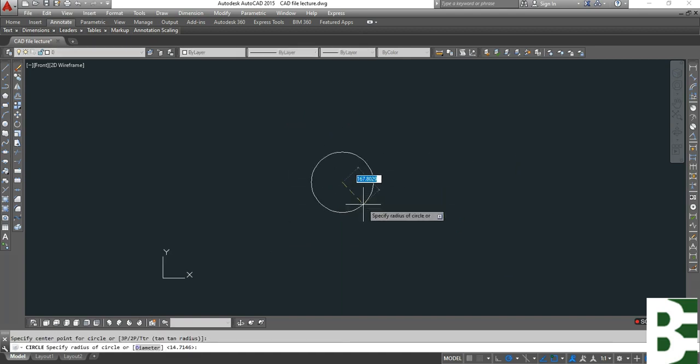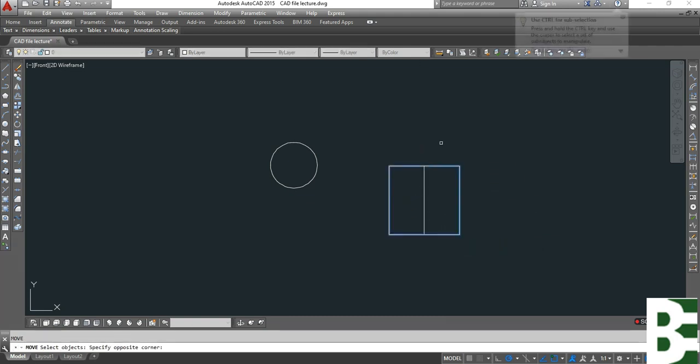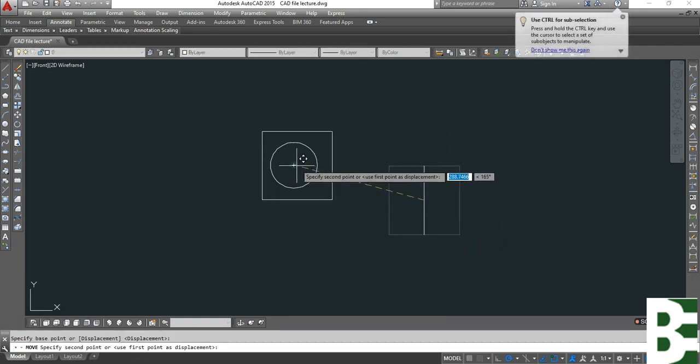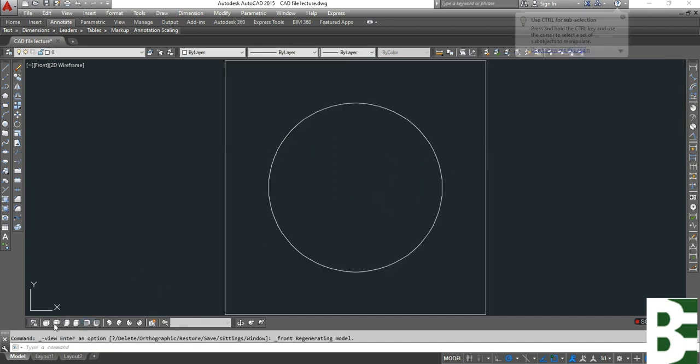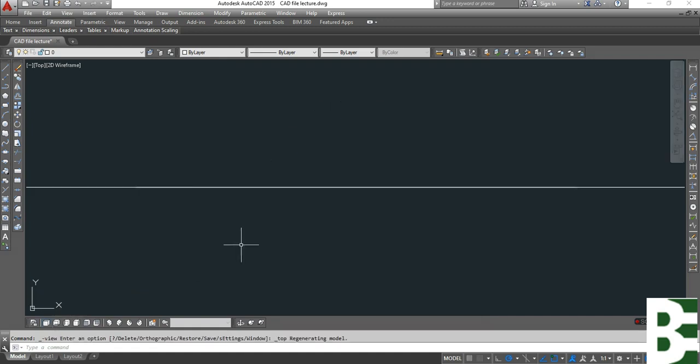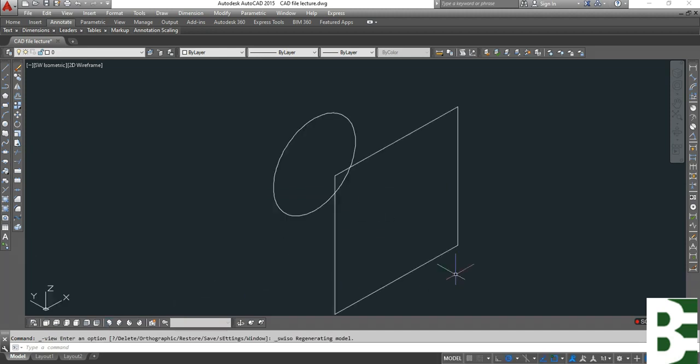Now I will show you in a 3D drawing how it will look. For centering, yeah. The height is 100 millimeter.